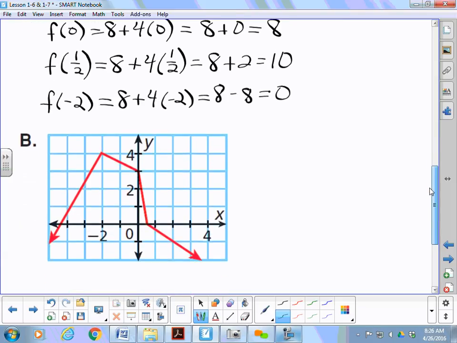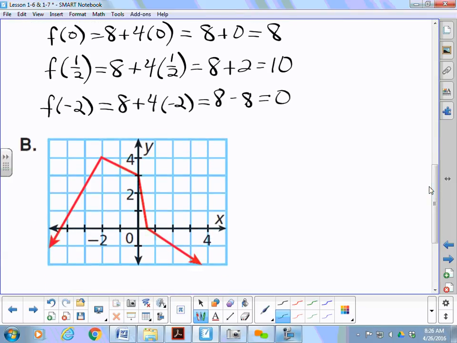Here's a graph, and we want to find those same three. We want to find f of 0, f of 1 half, and f of negative 2. So 0, 1 half, and negative 2 are the x values for the graph. We want to find the y values then. That's all it's asking us. Here's the x, find the y.